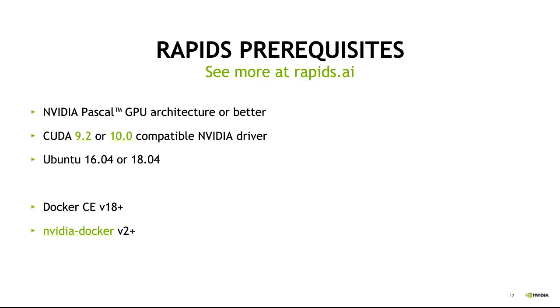Any plans to incorporate this into scikit-learn? The approach that we're taking with scikit-learn is that we are going to be building out the functionality that exists in scikit-learn, but optimized to run on single, multi, or multi-node, multi-GPU installations.